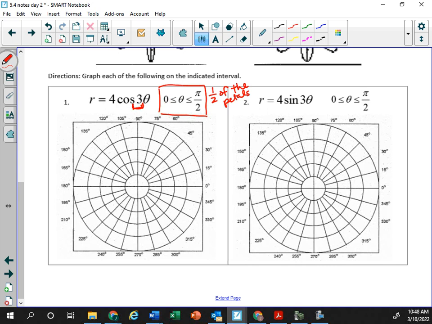Because you draw the same 3 petals twice by the time you get to 2 pi. It's like when we did the circle, remember how it would go around twice? So when we saw a quarter, like 0 to pi over 2, that actually graphed half a circle. It's the same idea. Some of you are looking very skeptical right now.